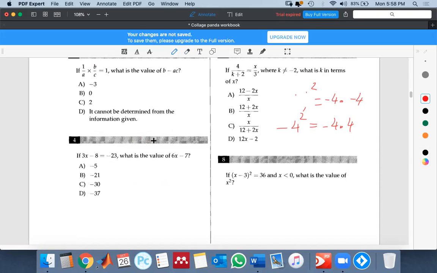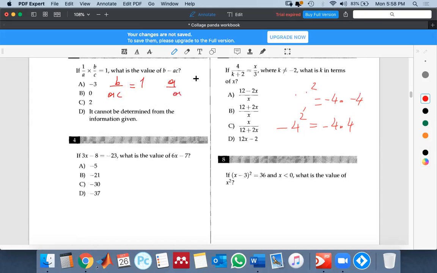Do you mean if we want it to be equal to 1, then B over AC is equal to 1? Better to do it how I explained. This is multiplication, so the result B over AC is equal to 1. Easy way: if B over AC is 1, what does it mean?